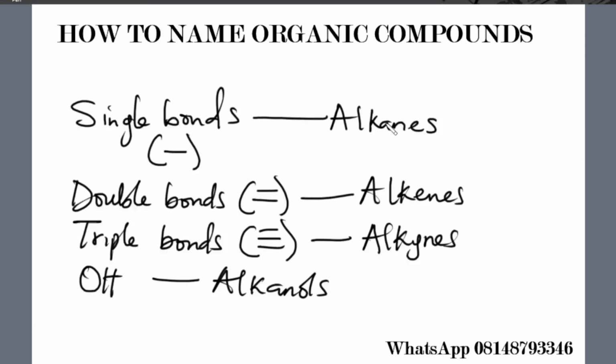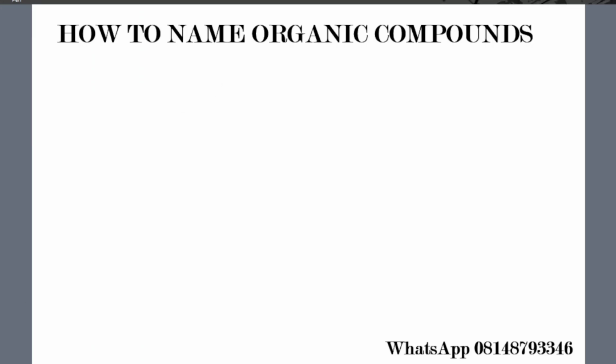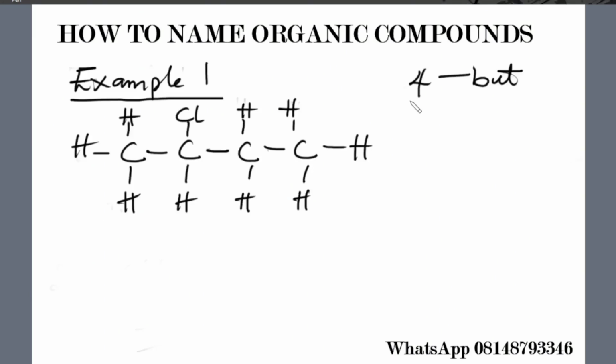Single bonds are alkanes, double bonds are alkenes, triple bonds are alkynes, and OH are alkanols. So the compound is a single bonded compound, so it is an alkane.